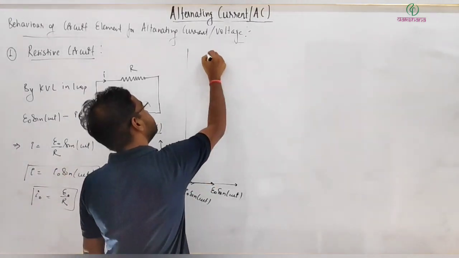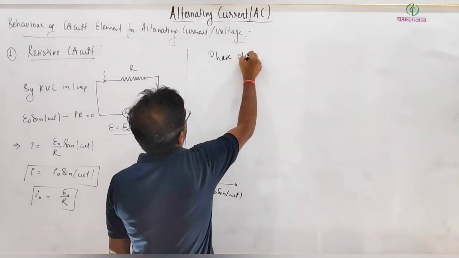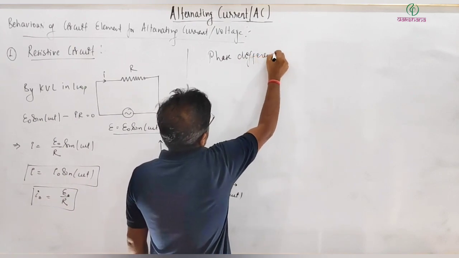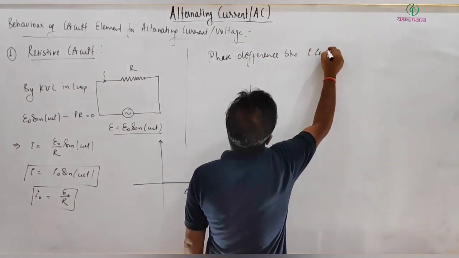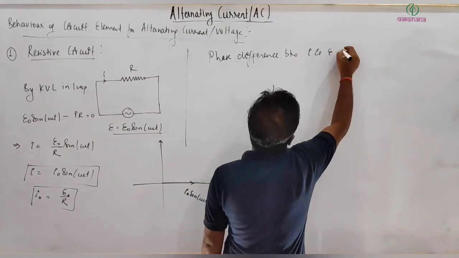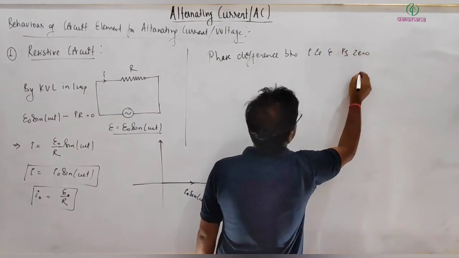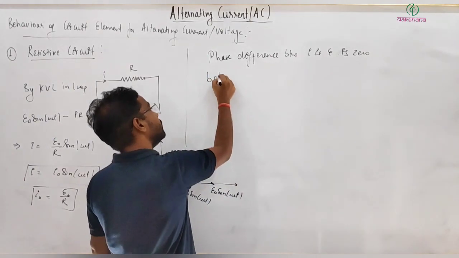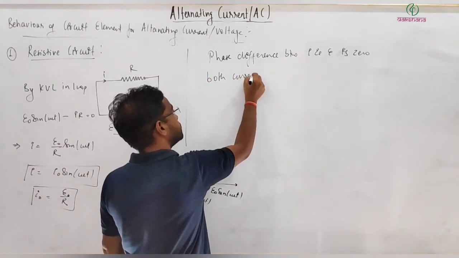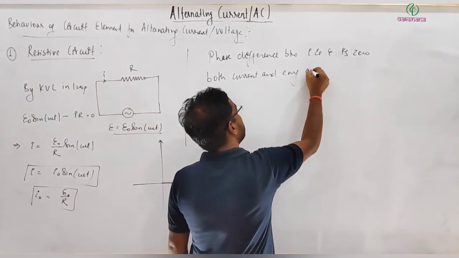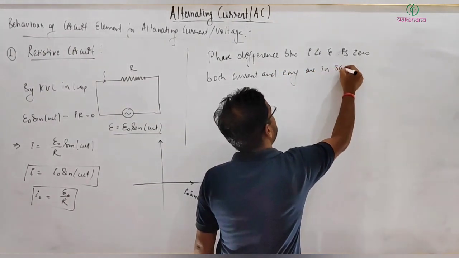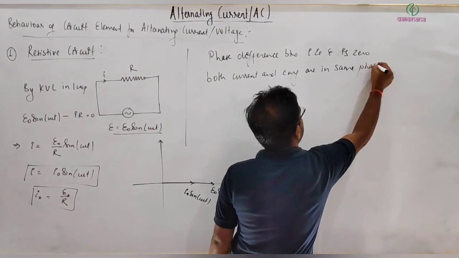So here you can write that the phase difference between I and E is 0, meaning both current and EMF are in the same phase.